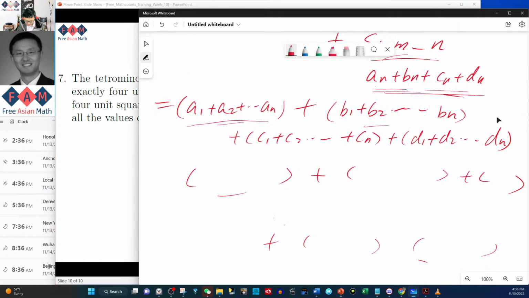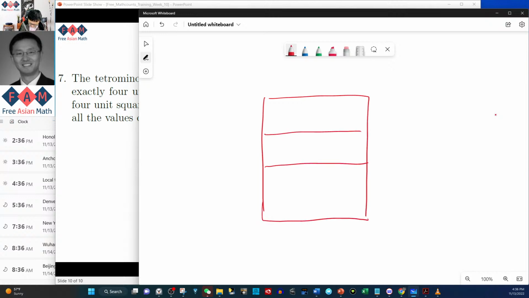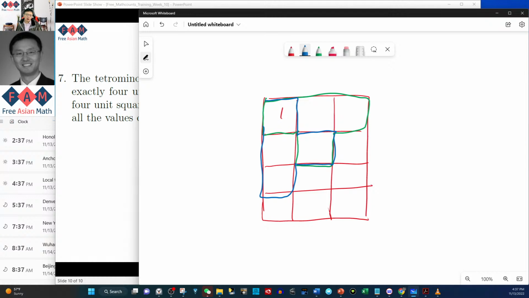So essentially what that means is, if we have a 4 by 3 grid like this, how can we cover 1 here? Well, it can only be covered by this one. This is one way to cover it, or it can be covered this way. Those are the only 2 ways to cover 1.